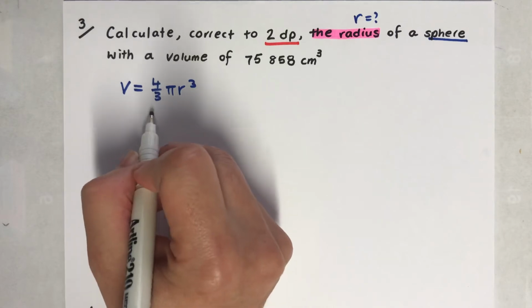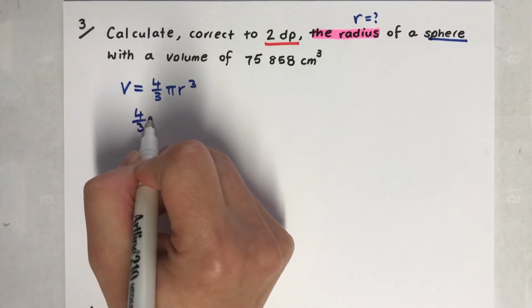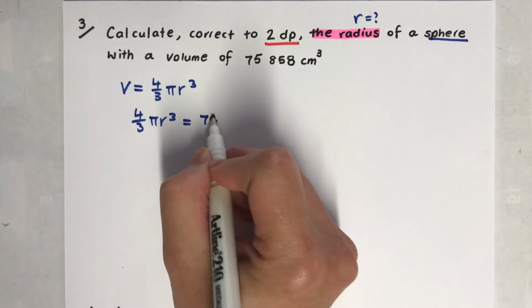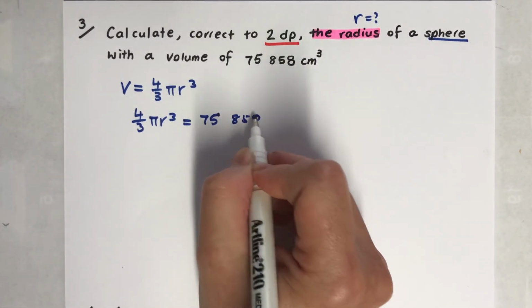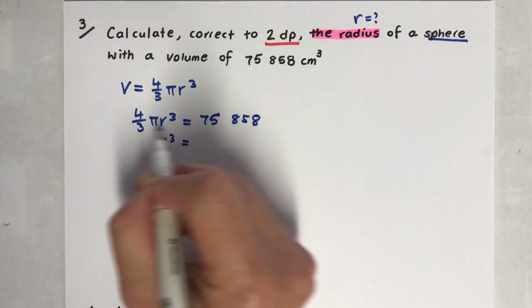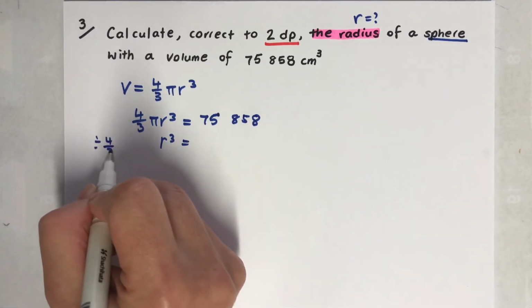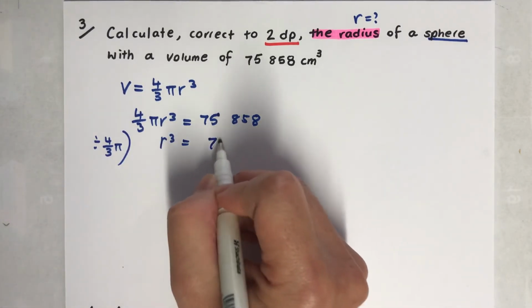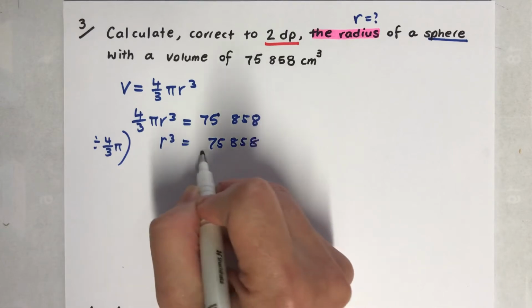And I'm just going to replace this one, just swap the places. V is what? 75,858. And r cubed equals, I'm just going to divide all that by this so that I can have just r cubed all by itself. 75,858 divided by 4/3 pi.